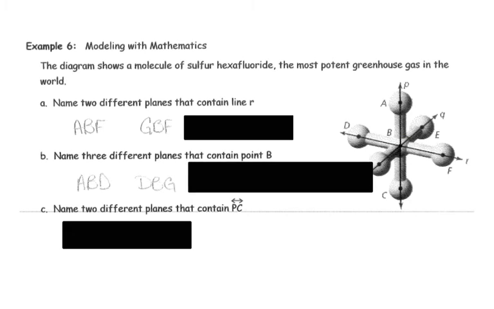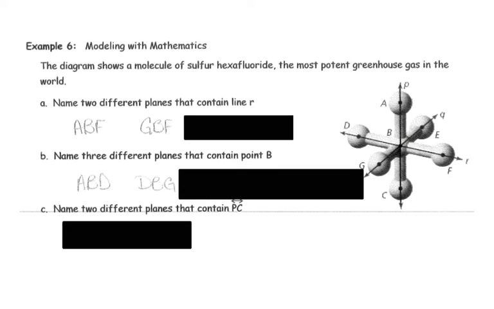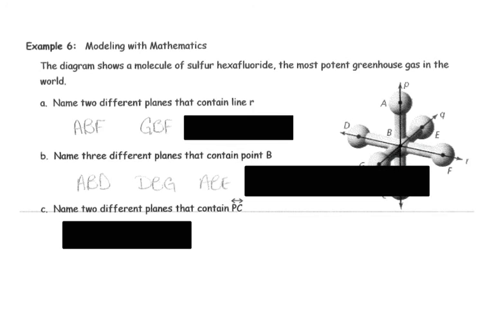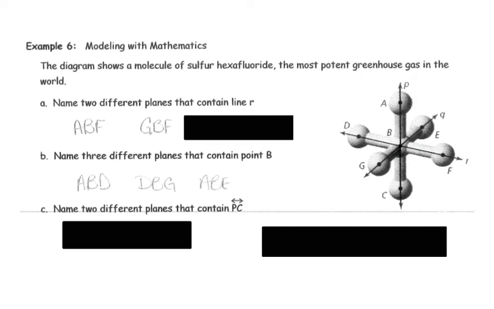We have DEG, this plane here. And ABE, this plane here. Notice you could have also said FBE as another plane. Okay, so you had a few different options.